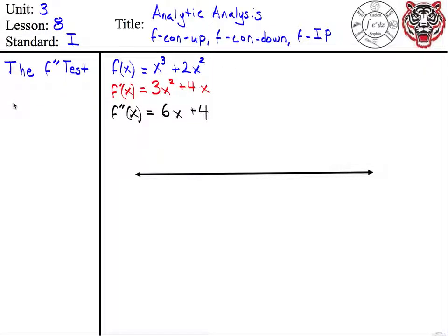Just a little bit of review. Critical values are where F prime equals 0 or DNE. So let's find that. We don't have a fraction, so we don't have to worry about DNE. So now I'm just going to set F prime equals 0. So 0 is equal to 3x squared plus 4x.